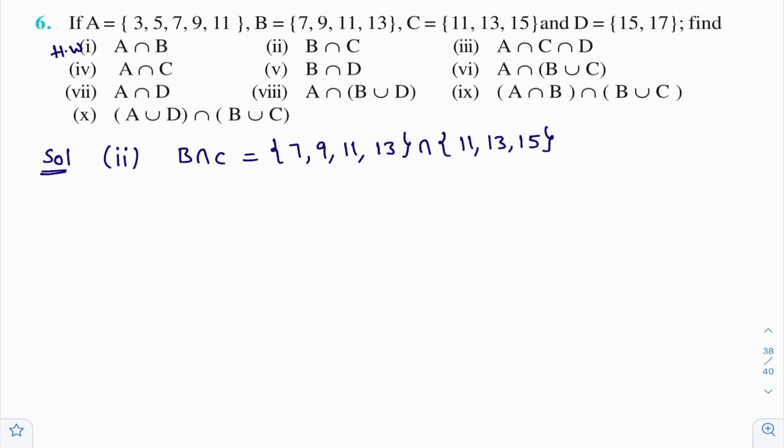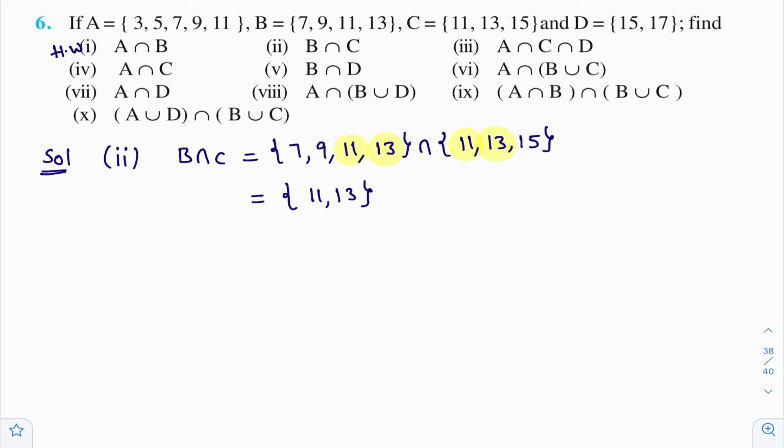B intersection C. Intersection means common elements. 13 is common in both and 11 is also common in both. Is any other element common in both the sets? No. So what is B intersection C? B intersection C is 11, 13, because these are the elements which are common in both.